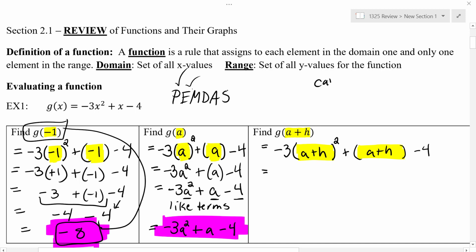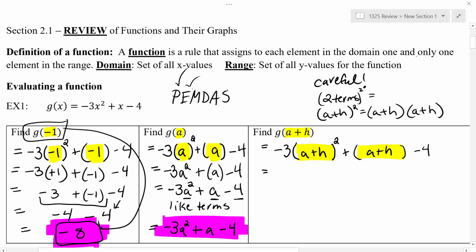Now, here's something that you want to be careful about. When you have two terms inside of the parentheses and it's being squared, then you actually have to write that out as that binomial times itself. So if you have a plus h squared, that's actually a plus h times itself, a plus h.